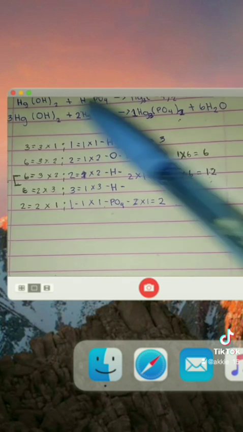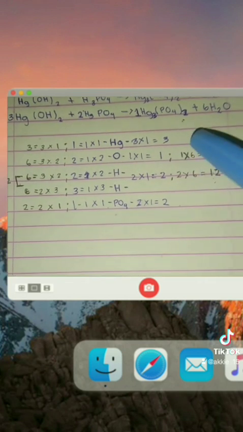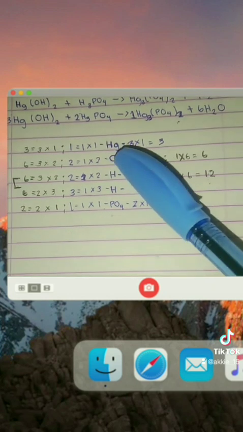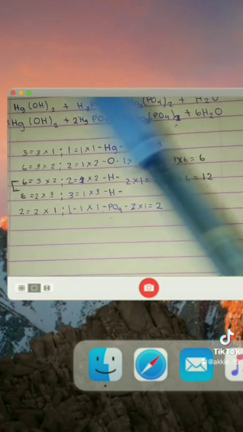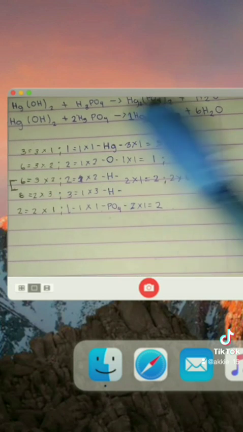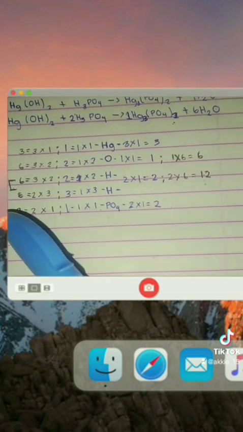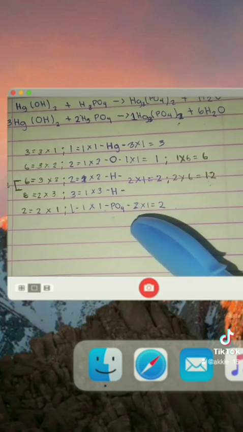In overall, let us check if our elements are balanced. The total number of mercury is 3, oxygen 6, the same with the product side, hydrogen 12 on both product and reactant sides, and phosphate 2.